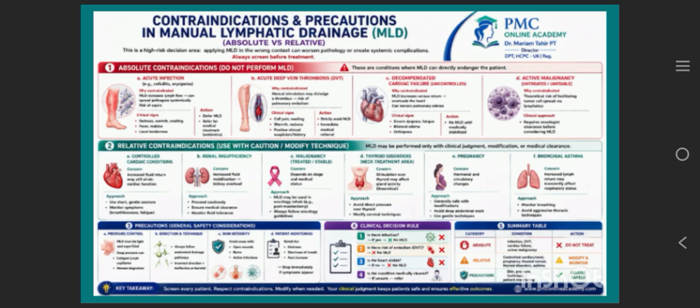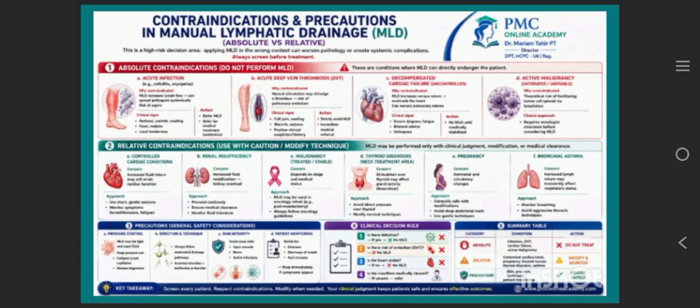Next is acute deep vein thrombosis, DVT, an absolute contraindication. Why contraindicated? Manual stimulation may dislodge a thrombus, which causes risk of pulmonary embolism.